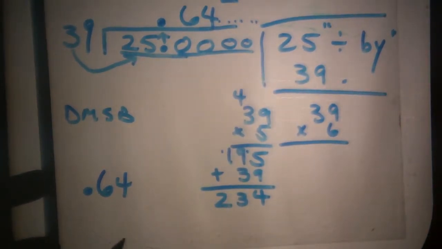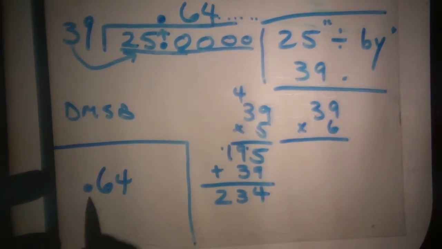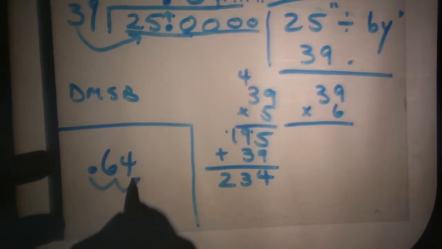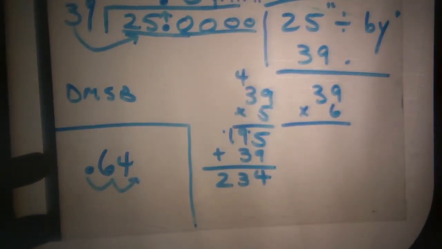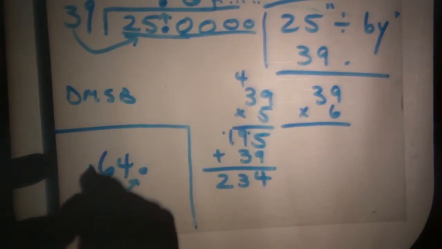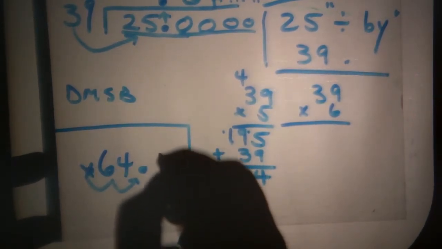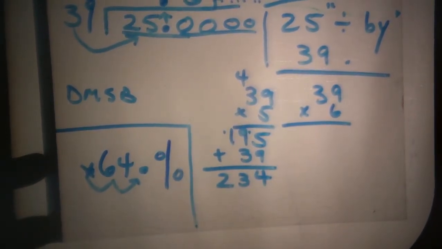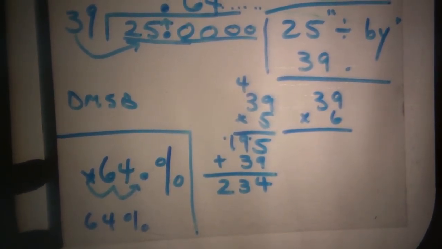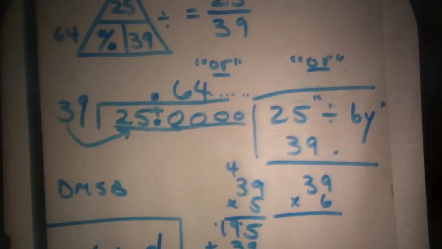To make this into a percentage, we need to remember that we have to move our decimal places over 2 spaces to the right here. So we cross out this. We now have 64. It's a whole number. At this point, I could put my percentage symbol down. So I now have 64%. Our answer is 64%.